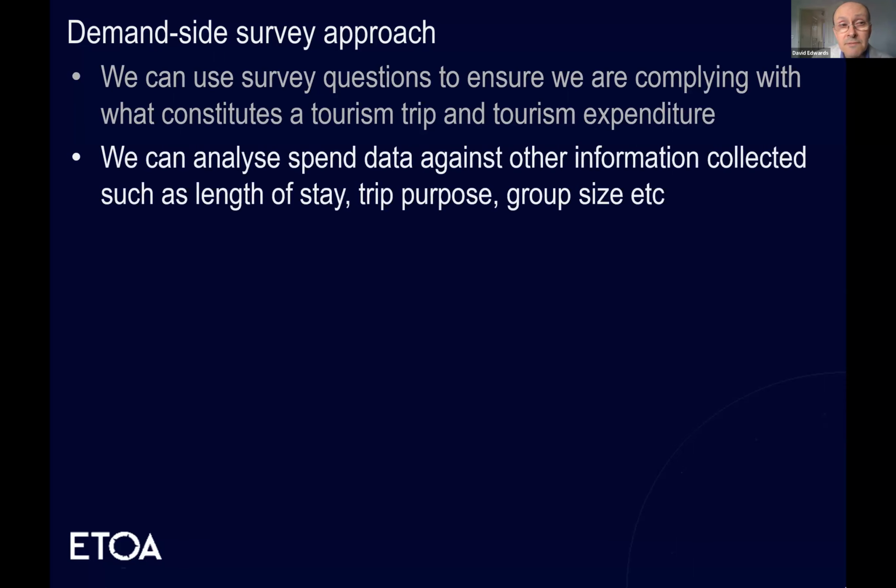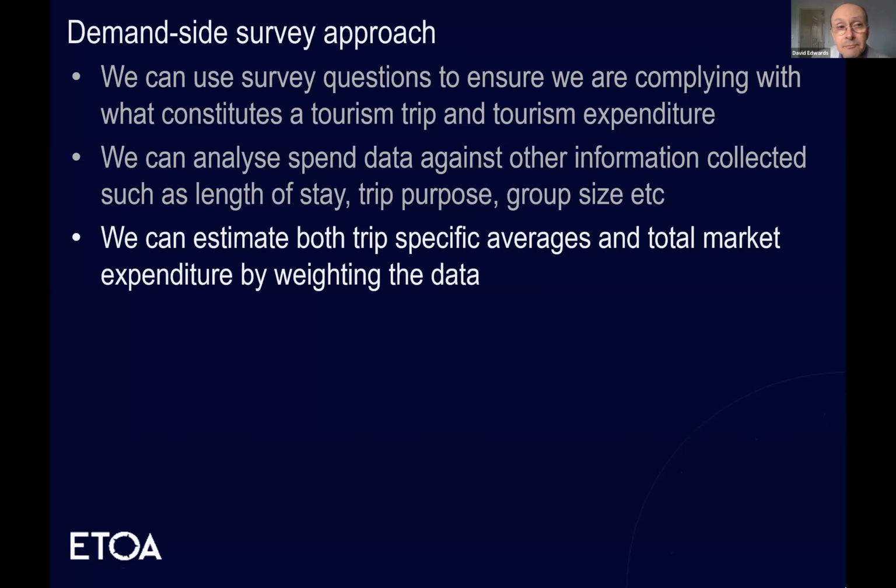Another big positive of this approach is that we can analyze spend data against lots of other information that we collect at the same time as we're doing this survey.